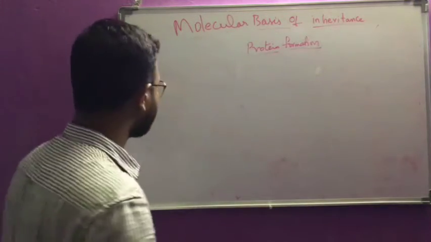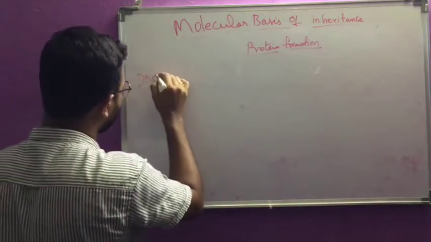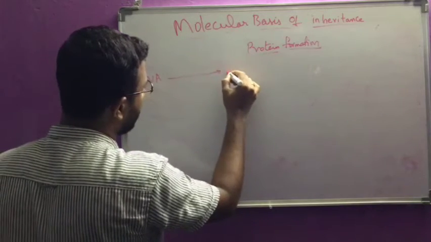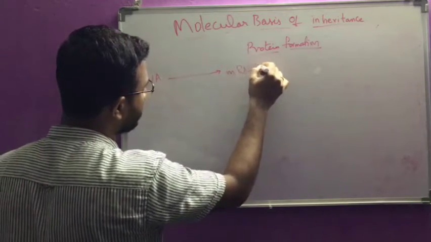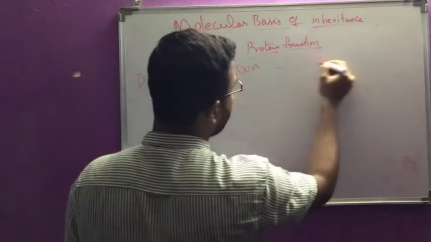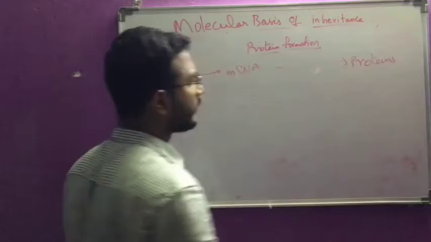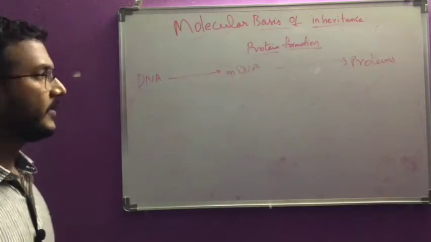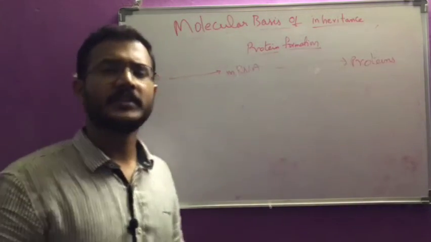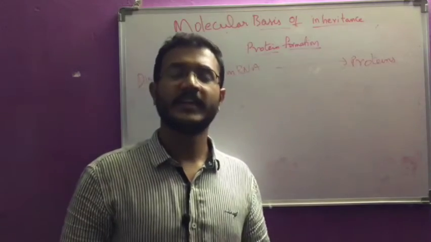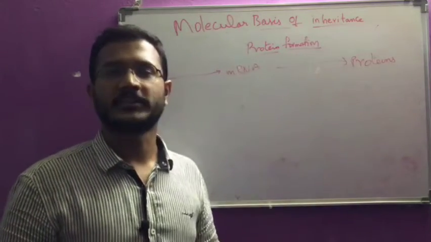From DNA, mRNA will be formed. From mRNA, proteins will be formed. This happens in all the organisms. In each and every cell, this process happens.